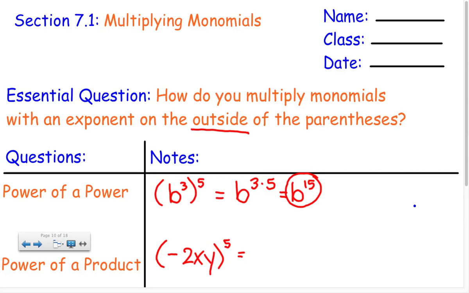That would mean I take negative 2 to the fifth, I take x to the fifth, and I take y to the fifth, which would be negative 32 x to the fifth, y to the fifth. So I'm taking every single part of my parentheses and raising it to the fifth power, the negative 2 and the x and the y.